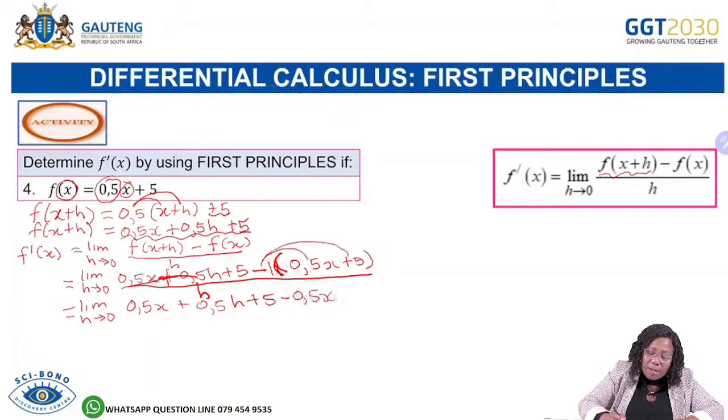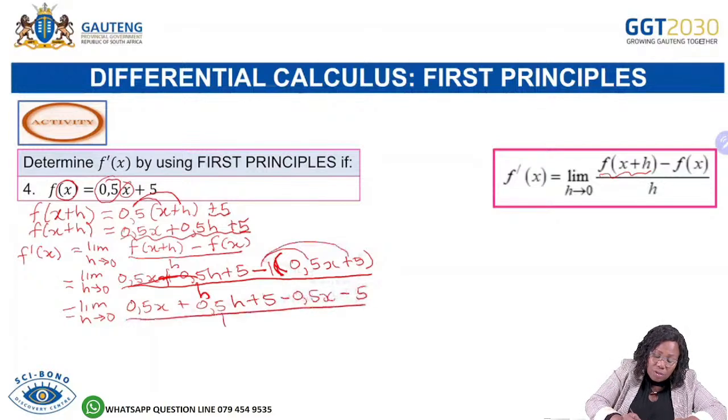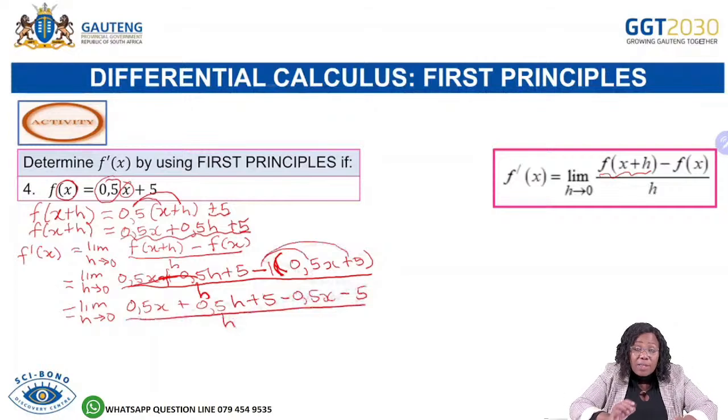Negative 1 times 5, that is negative 5, all over h. And then from here, look at this. Remember, I said to you, whatever was your f at x initially, at this level there must be some subtraction and cancellation. Then 0,5x minus 0,5x is 0, and then 5 minus 5 gives us a 0.